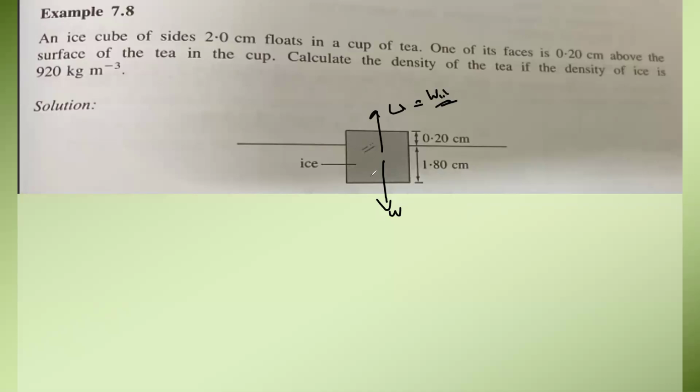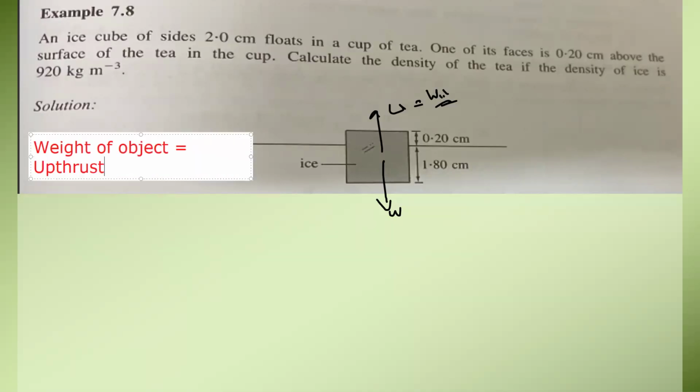How much liquid is being displaced by the object, that is equal to the upthrust. So the first statement we can write is that the weight of the object is equal to the upthrust. That is the first thing, as it is floating.